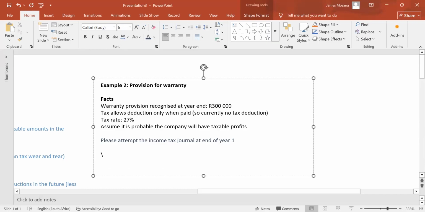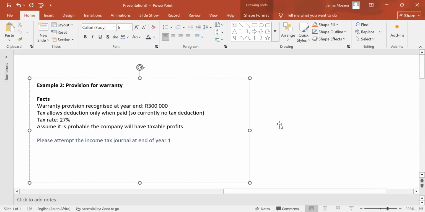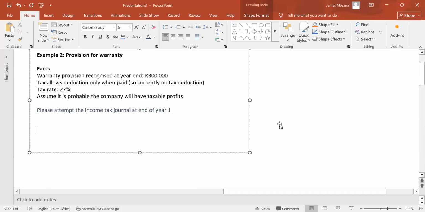So also in this particular case, we need to attempt the income tax journal at end of year 1. So the first thing that we are going to do is determine the tax base of a liability.